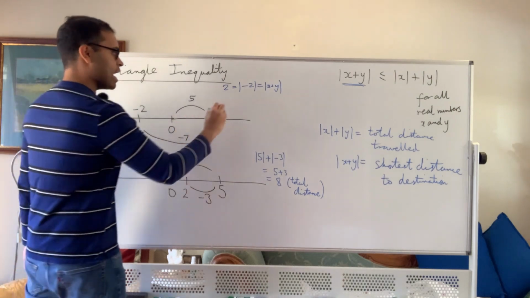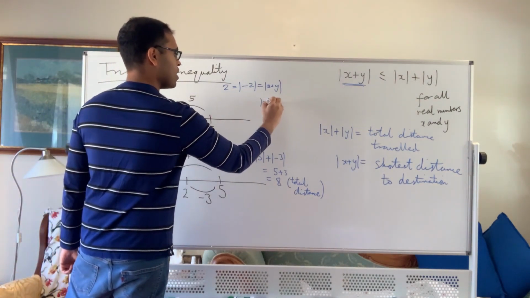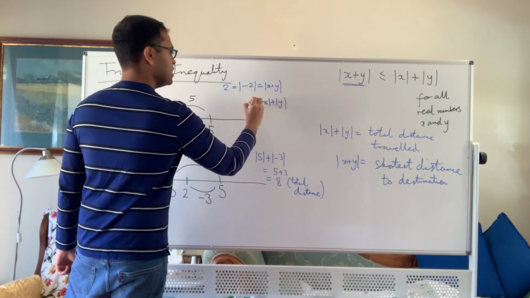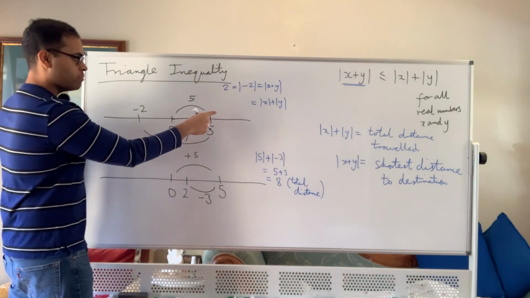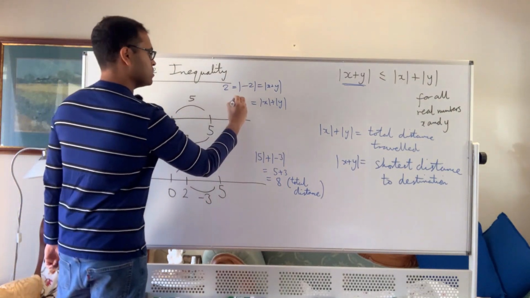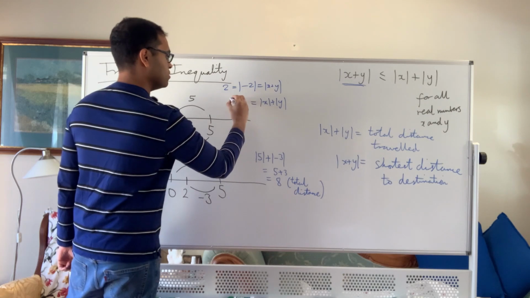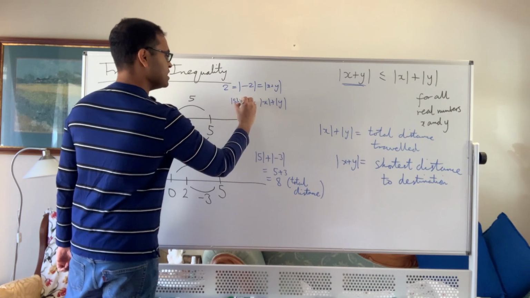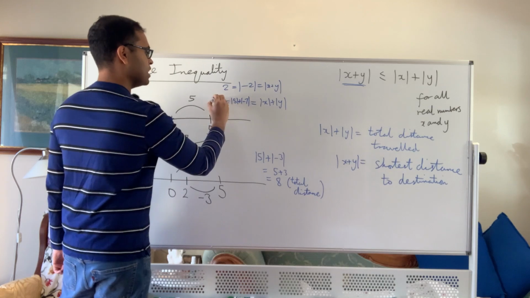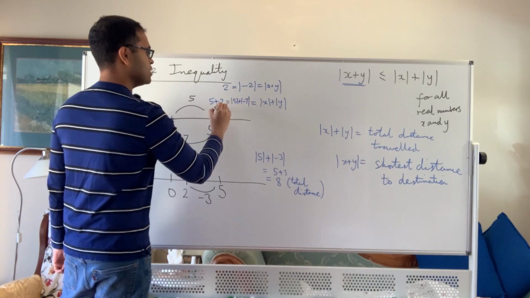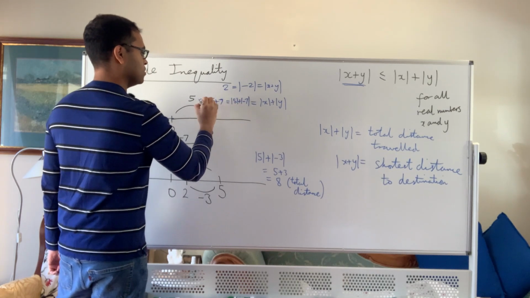And on the other hand, absolute value x plus absolute value y is going to equal the total distance you travel, which is 5, plus the absolute value of negative 7. So I'm going to say that this is going to equal the absolute value of 5 plus the absolute value of negative 7, which is 5 plus 7, which is going to equal 12.